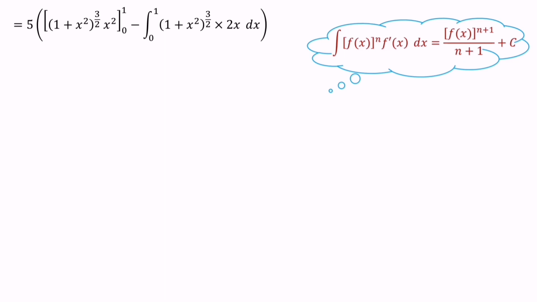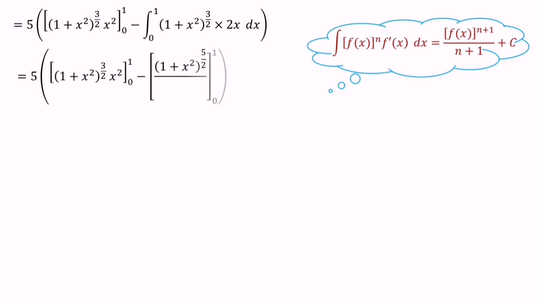Then we can write 1 plus x squared to the power of 3 over 2 plus 1, which equals 5 over 2. So we have 1 plus x squared to the power of 5 over 2 divided by 5 over 2.